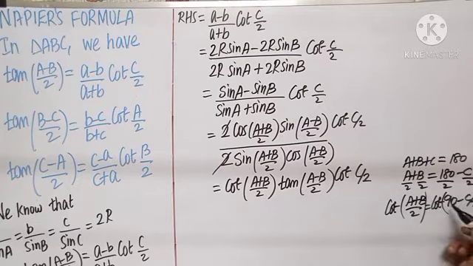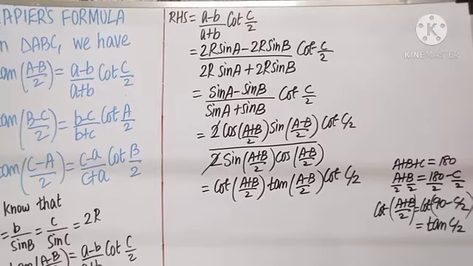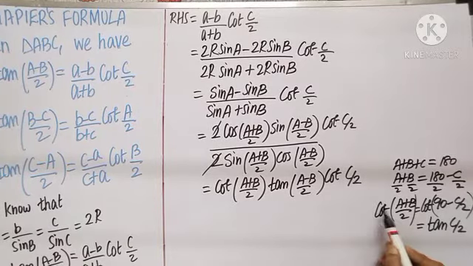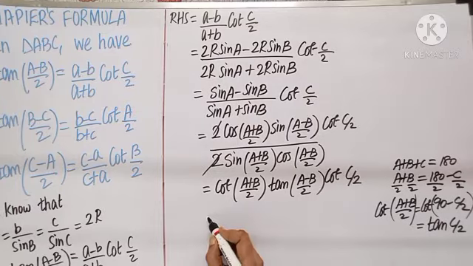Remember, 90 comes, so cot will change to tan C/2. In the first quadrant all the ratios are positive, so tan C/2 is also positive. So in the place of cot (A plus B)/2, I can put tan C/2.